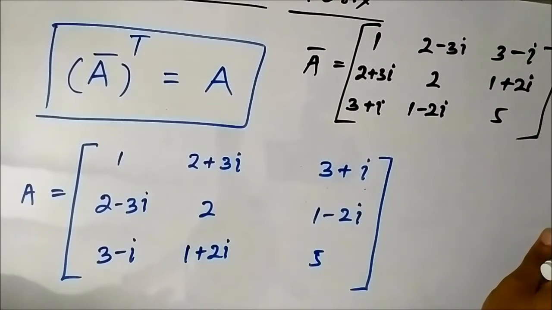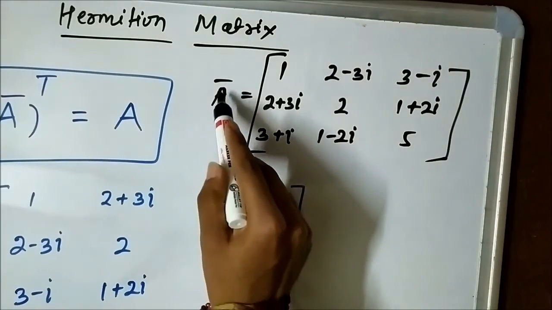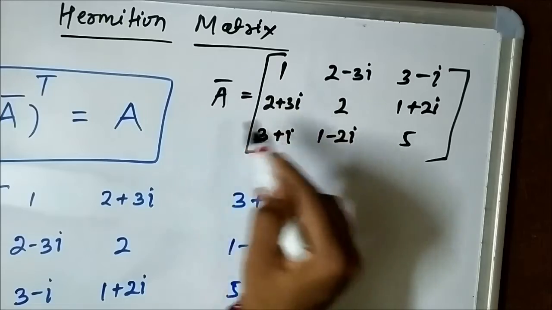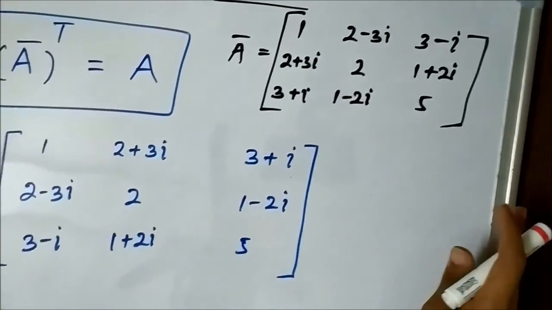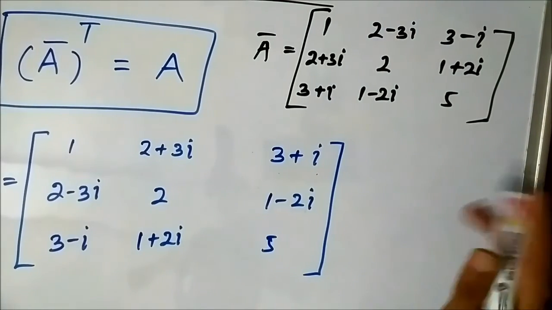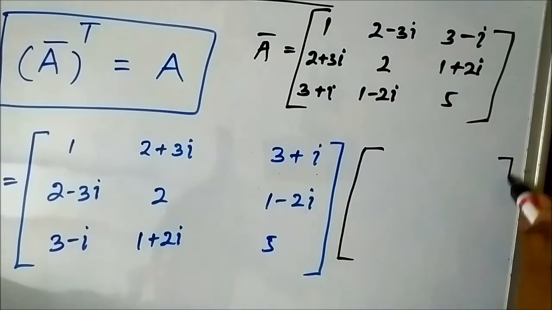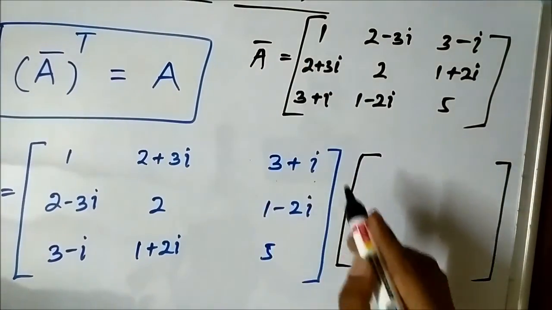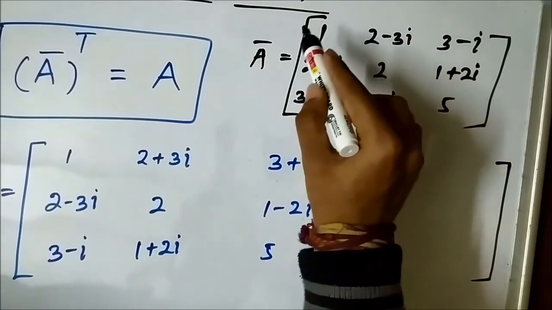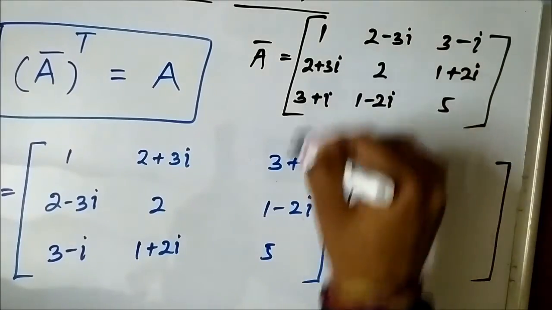So this is the conjugate of matrix A. Now we will have to determine the transpose of the conjugate of this matrix, the A conjugate transpose. Let us do it side by side so that it will be easy to compare. The transpose of this matrix is the matrix obtained by interchanging the rows and columns.